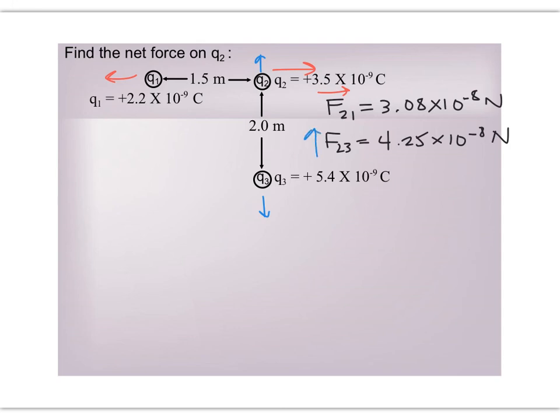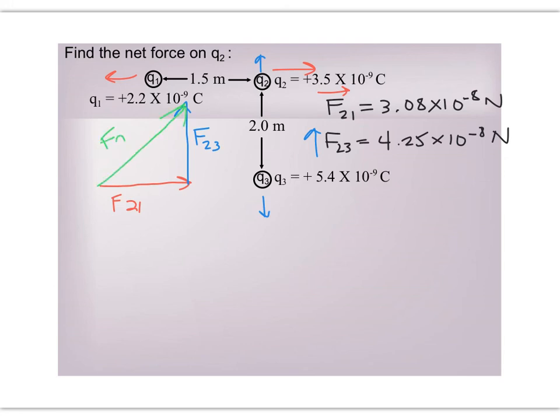In the last problem, we were able to subtract the two forces to find the net force, but when one is to the right and one is up, I don't subtract. I'm going to draw out a triangle. I've got F21, which is to the right, and then F23, which is up. The net force is going to be like this.